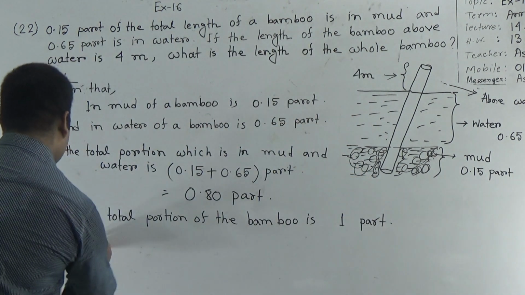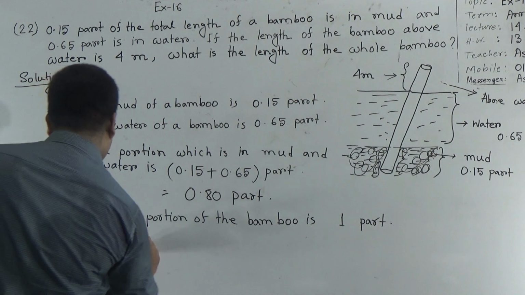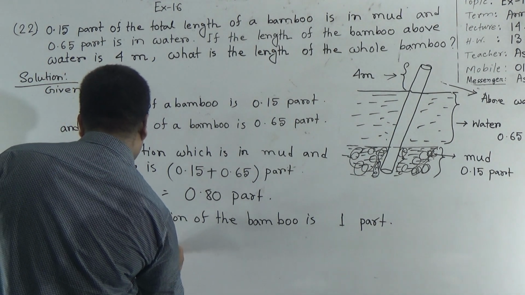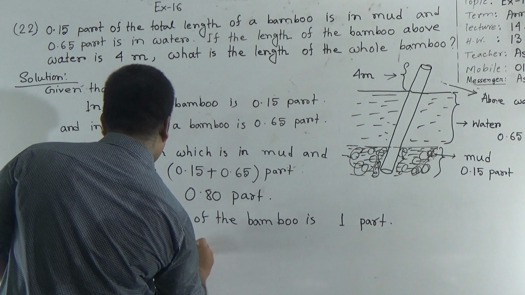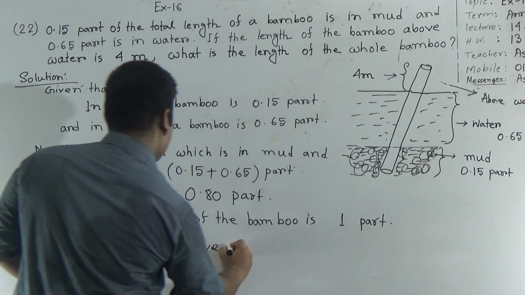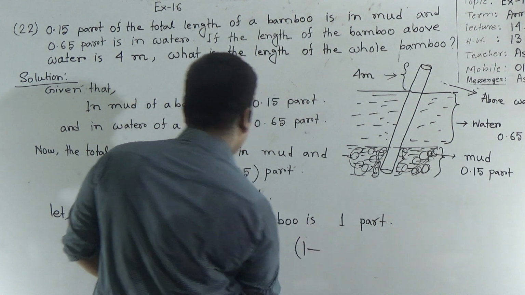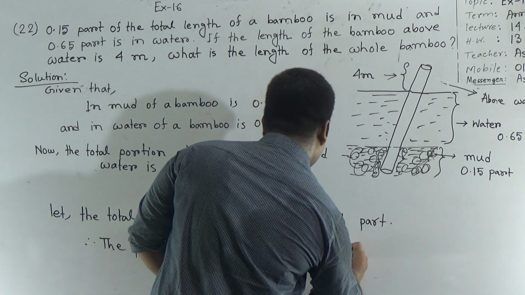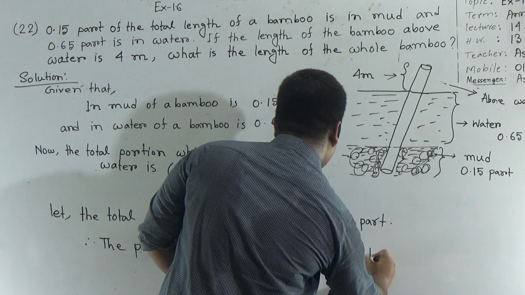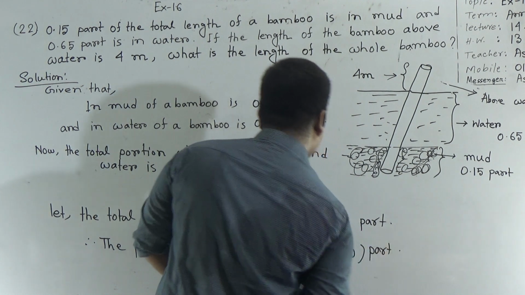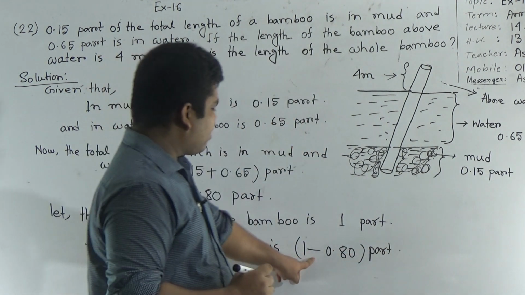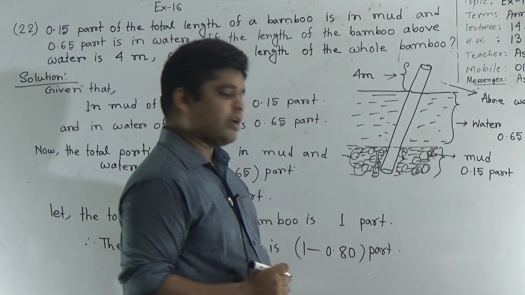Now the portion above water is 1 minus 0.80 part. My dear students, 1 minus 0.80 part.